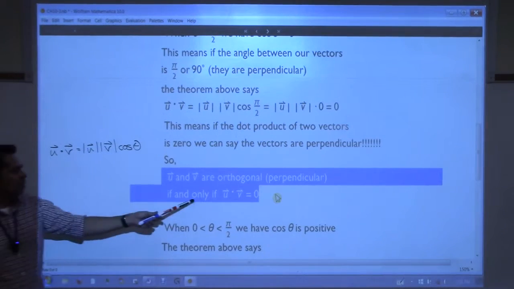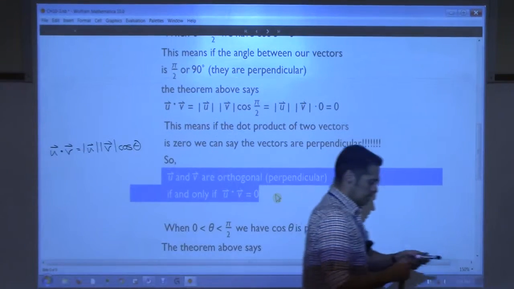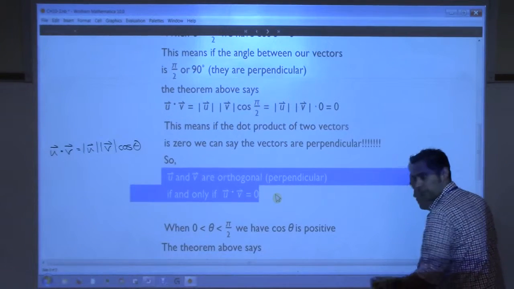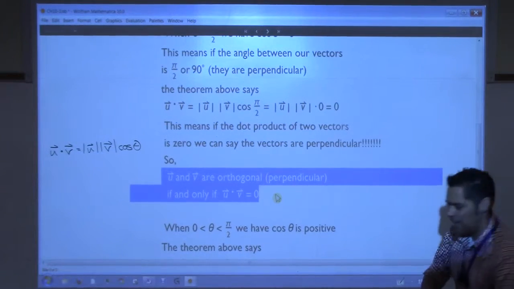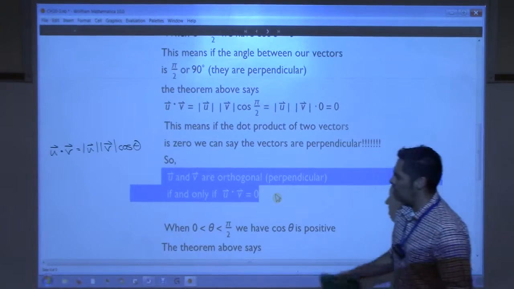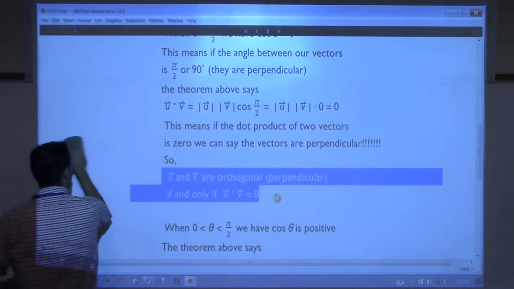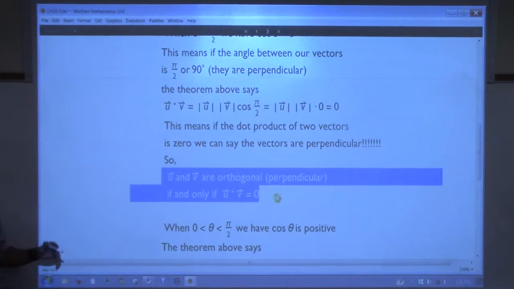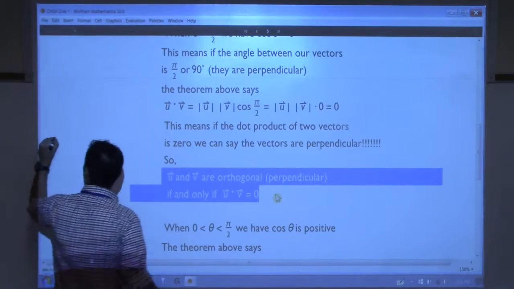Now, what does if and only if mean? I've talked about this with different students who have had me in the past, but I know there are some people who want to be math majors. Anytime you see if and only if, it's an important thing. It means a double implication. It means that it goes both directions. I'll give you an example.